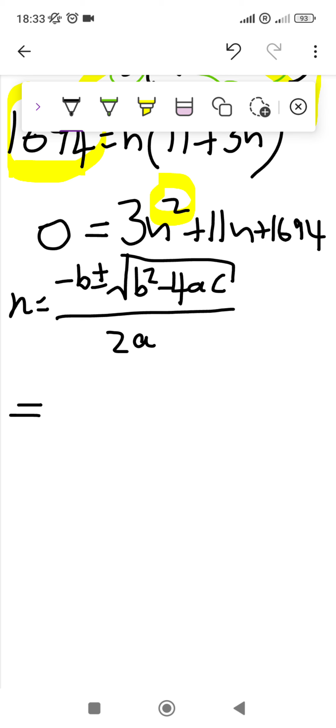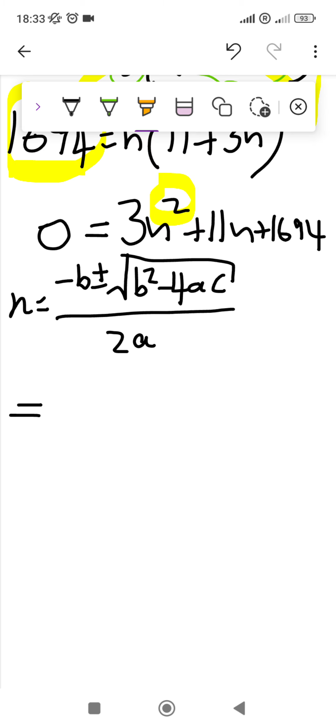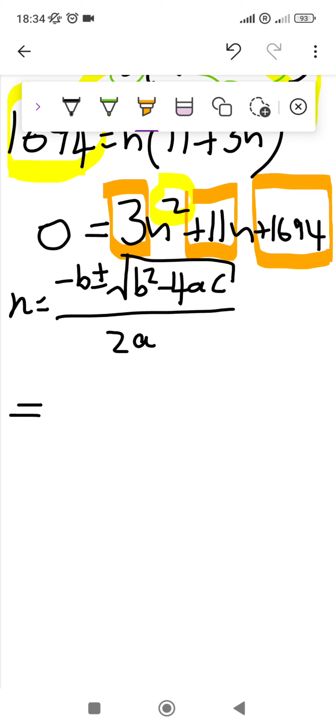Great, let's do our substitutions. Let's mark this for ourselves so that we can clearly see our values. Our 3 over there is going to be our a, the plus 11 is going to be our b, and in fact, I see a mistake that we've made there. This last term over here needs to be negative 1694, that is going to be our c value.